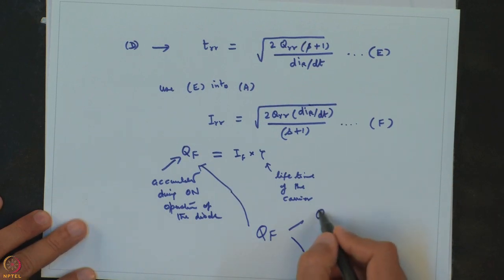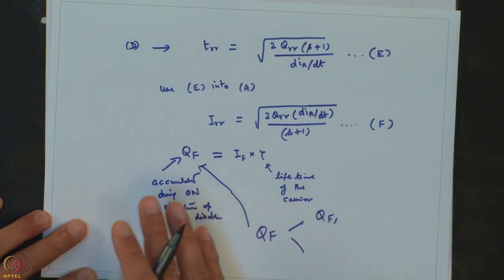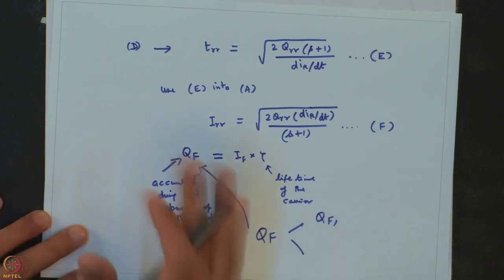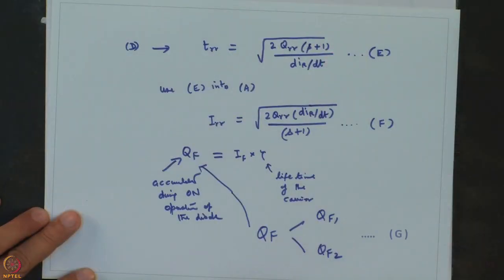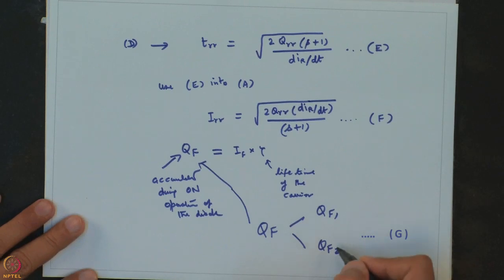One of them is QF1, which is cleared off by recombination. But there is another component, as we have seen, the current actually reverses, and that is what is clearing it. So it is getting cleared by the reverse current. Let us call that component number 2. Clearly both QF1 and QF2 are smaller than QF individually.